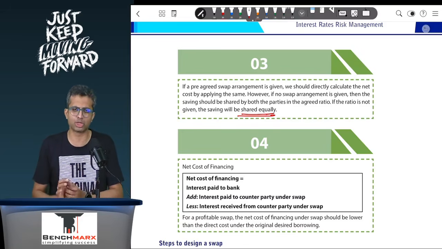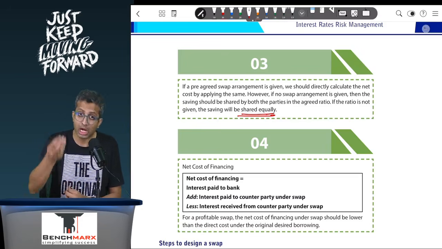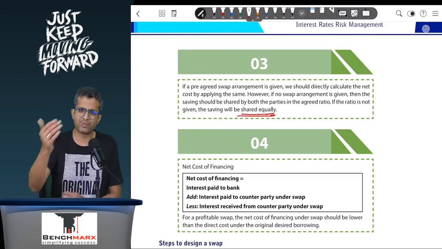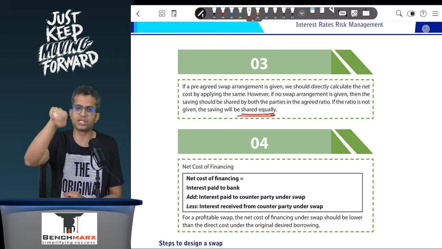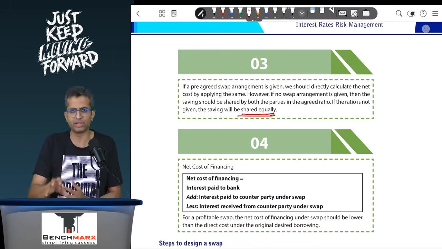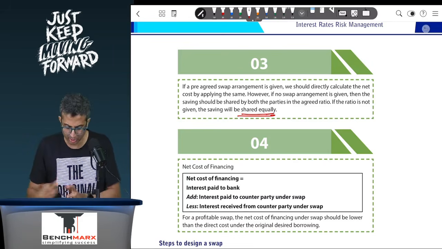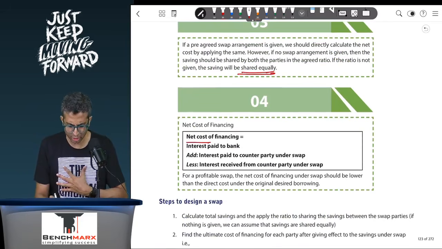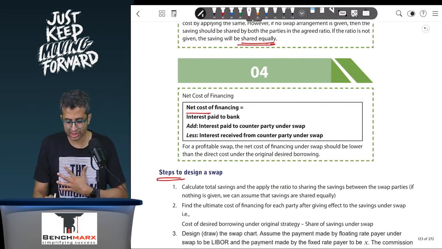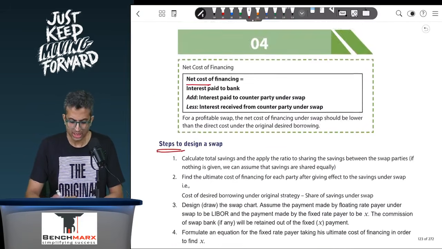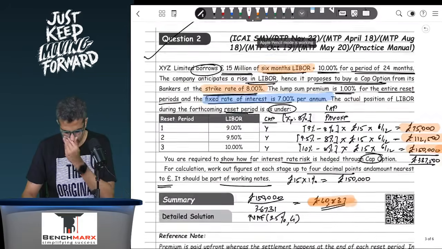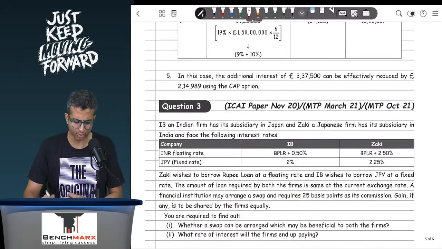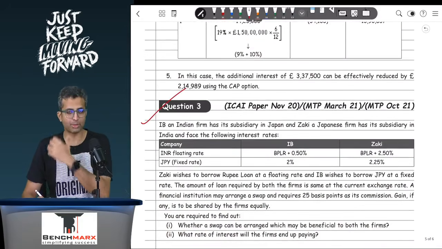Once you find the ultimate cost of borrowing, then you design the swap, assuming that a person is paying the floating rate and the person who pays the fixed rate is X, and you will solve like we will do in one of the problems that we will do now. You try to find the net cost of financing, and we have discussed the steps to design a swap over here. Now this is best understood with a numerical which is based on the November 20 exam question, similar to the May 23 exam question as well.